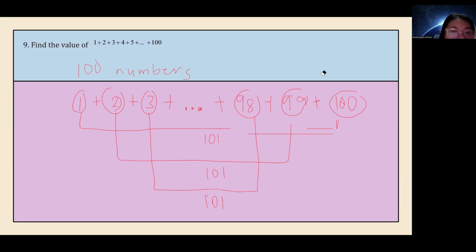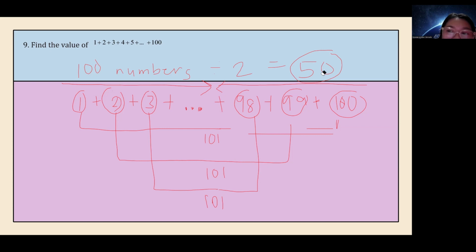Since we're only getting a pair of numbers, we can divide 100 by 2, so we can get 50 pairs. Or if you can imagine it, the numbers that we are adding are going towards the center. If you continue this expression, they will meet at the center. Okay? So now we have 50 pairs of numbers with a sum of 101.